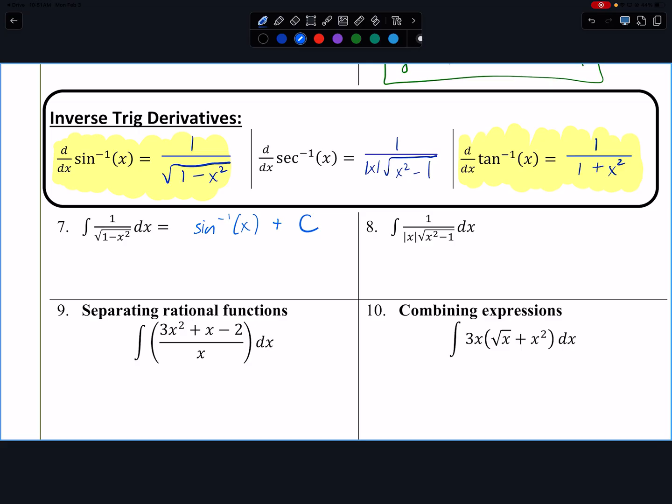Number 8, secant inverse of x plus c. Just trust me guys, I have a math degree. I don't remember ever learning that one. Ever. I do remember these coming up though. And working out your guys' homeworks, these ones come up a lot.